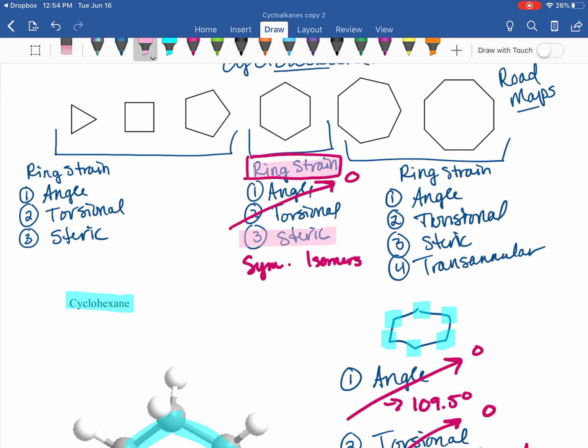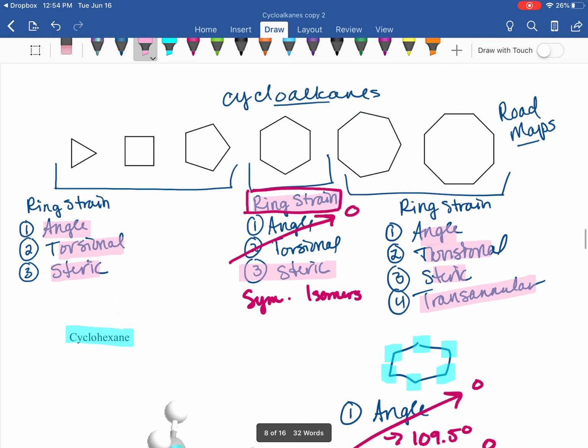So let's put in perspective. Our rings smaller than cyclohexane all had angle and torsional strain, at least some of it, and steric. And in fact, then our cyclohexane doesn't have angle or torsional strain. We're just going to see steric strain. And then as we get bigger, we're actually back into having some strain, and then we've added a fourth strain.